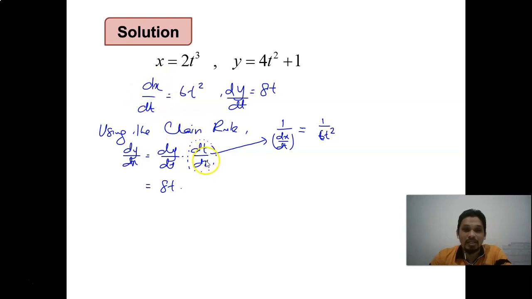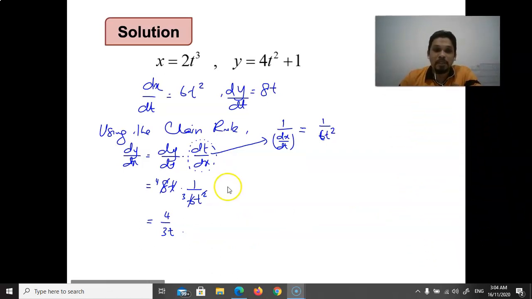We need dt/dx, but what we have right now is dx/dt. So 8 with 6 divided by 2 gives 4 over 3, and t divided by t squared gives 1 over t, so we get 4 over 3t. That is the first solution here.